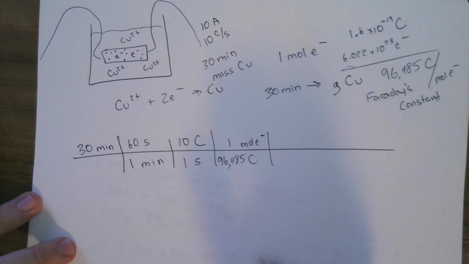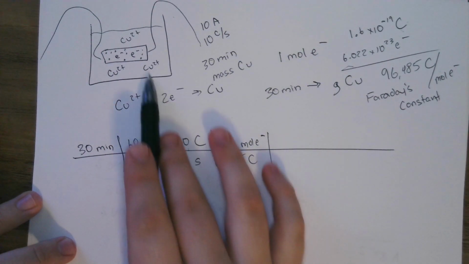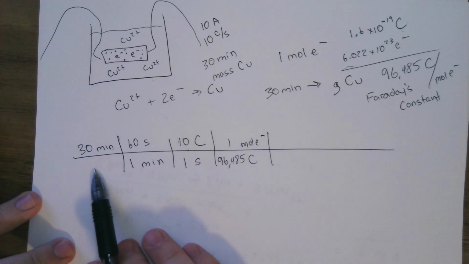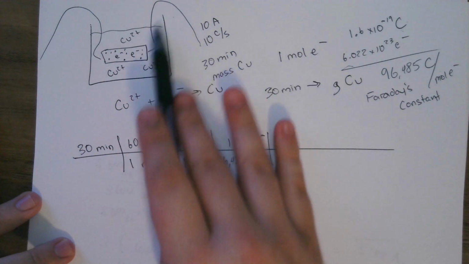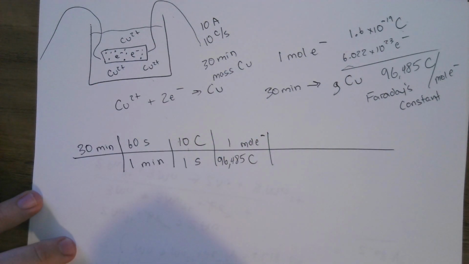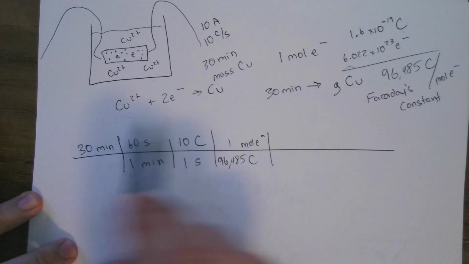All right. Well, that's telling me exactly the number of electrons. So what we've done so far is over the 30-minute interval, if I just solved it like this, it would tell me exactly how many moles of electrons have passed through my wire.